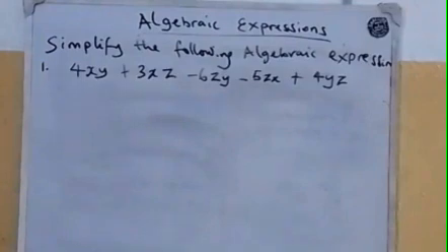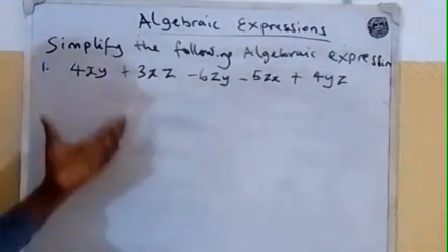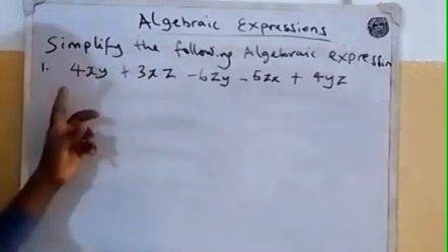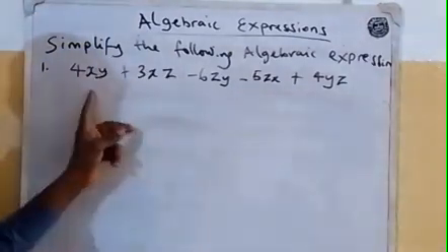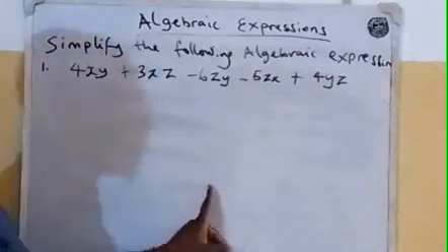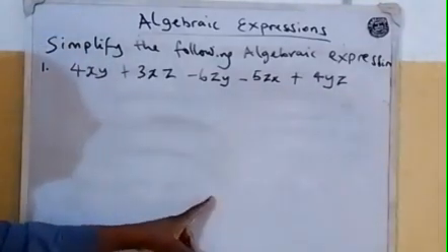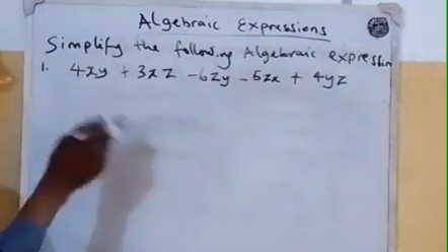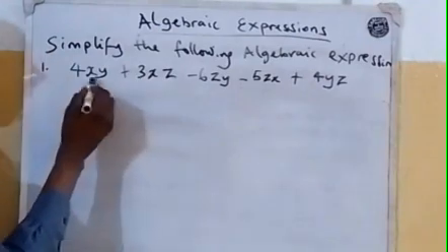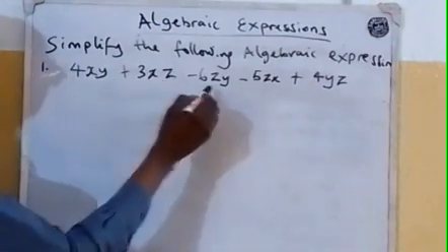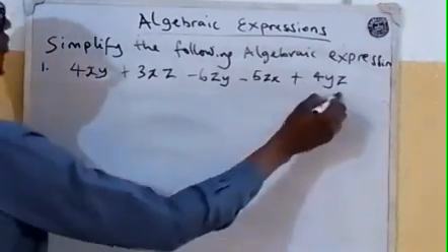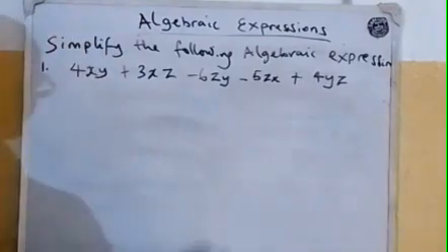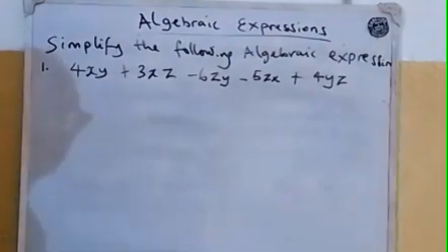Simplify means that you should make it simpler. At the end, I should have fewer terms as my answer. You see, I have 1, 2, 3, 4, 5 terms in this expression. My final answer should be less than 5 terms.